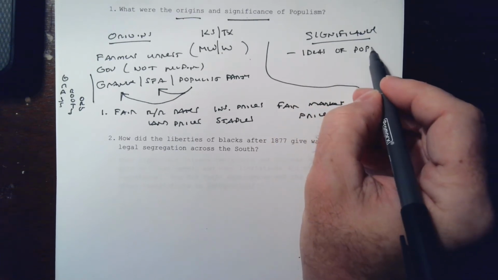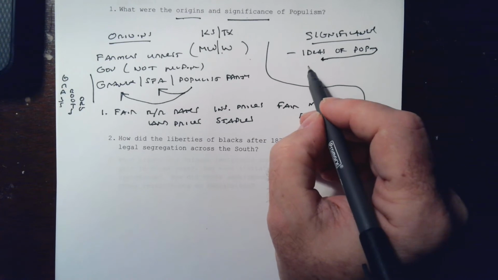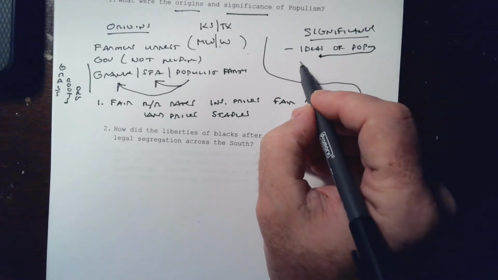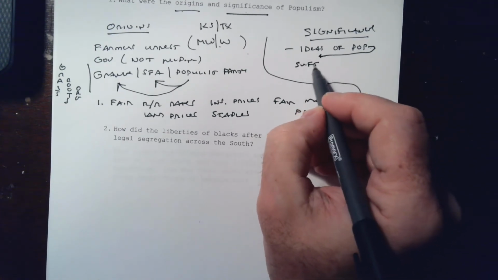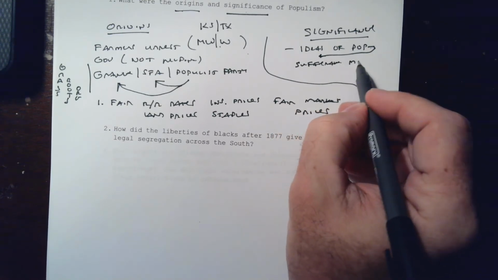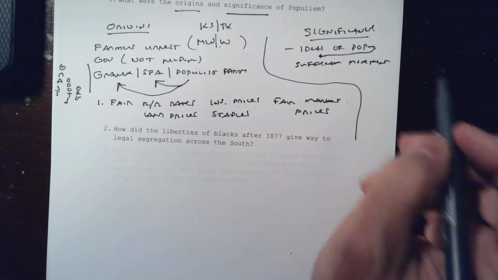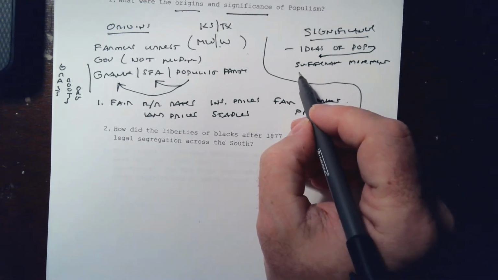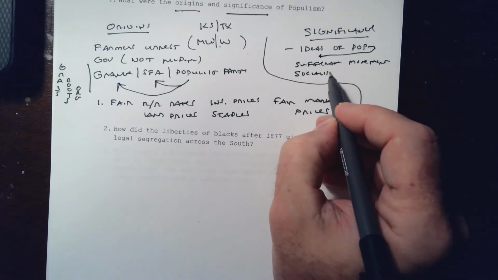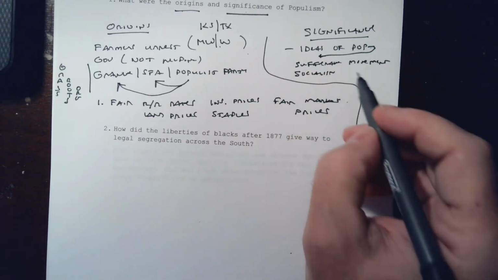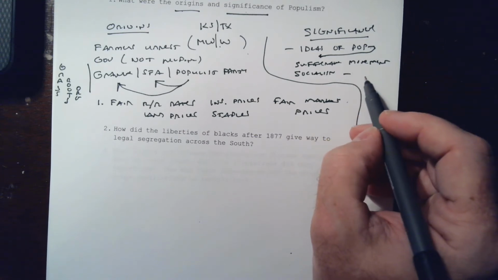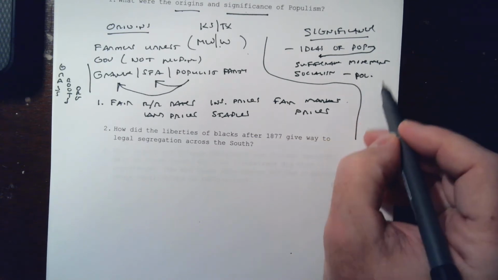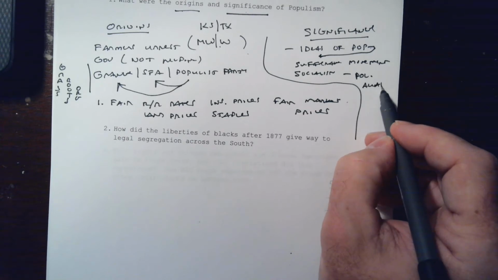Ideas of populism will spread to the suffrage movement, and socialism to some degree. It was the spread of socialism. What you're also going to have is politicians are going to be awakened.